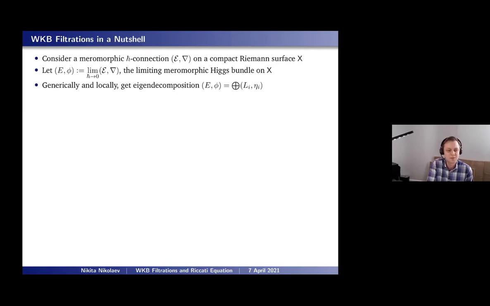So it's a direct sum decomposition, just an eigenspace decomposition, where these eta i's are just eigenvalues of my Higgs field.